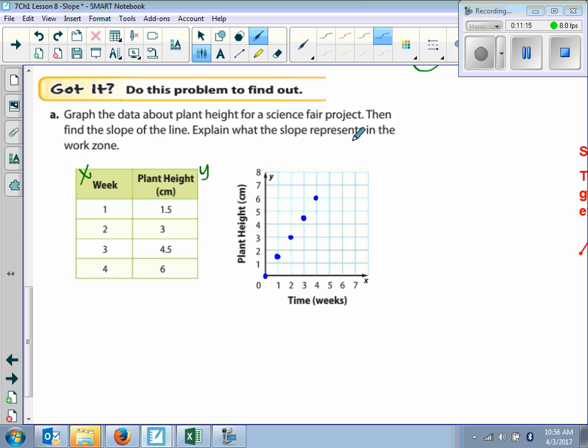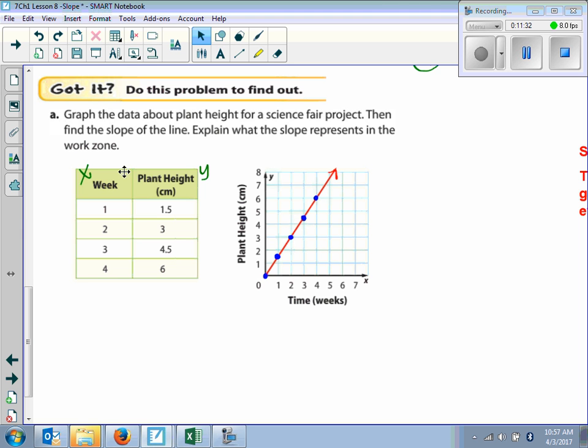And if the weeks keep going, then the plant's just going to keep on growing, right? So if we know it's going to keep on growing, we know we're going to put an arrow at the end of our graph, correct? Okay. So that's what our graph looks like.